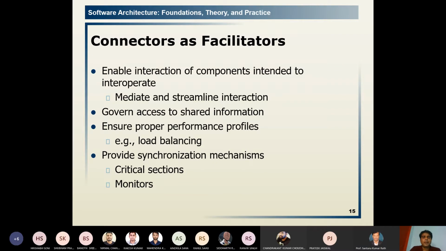And the next one, providing a proper synchronization mechanism. You already studied these things during the critical section in operating system. You heard about it or not? Yes, sir. There should be some guidelines or protocols to access the critical section.